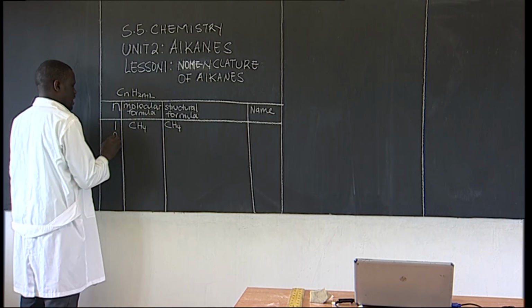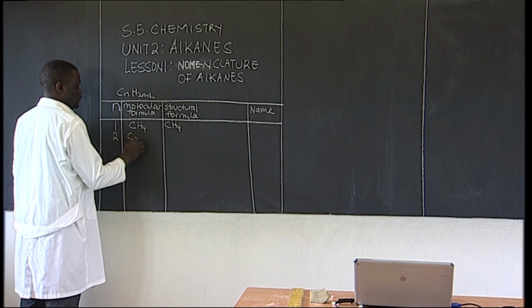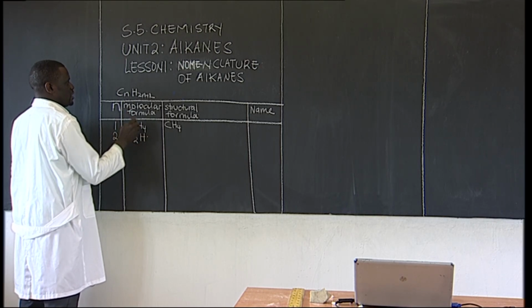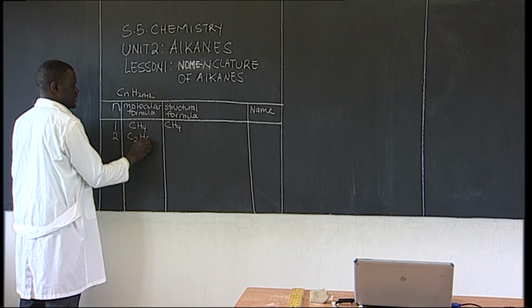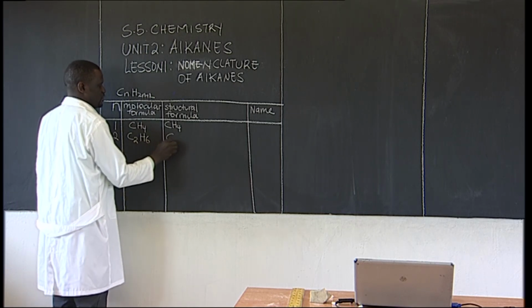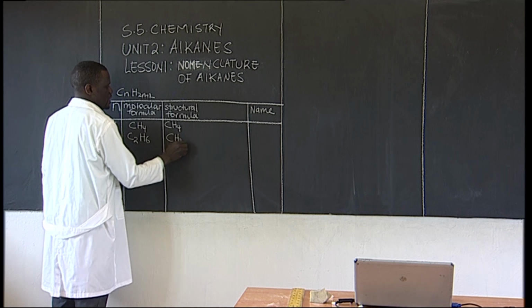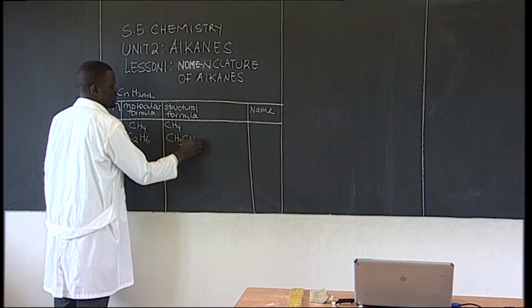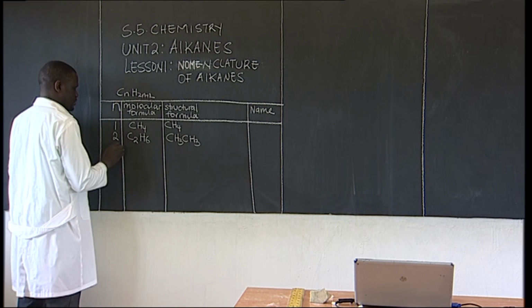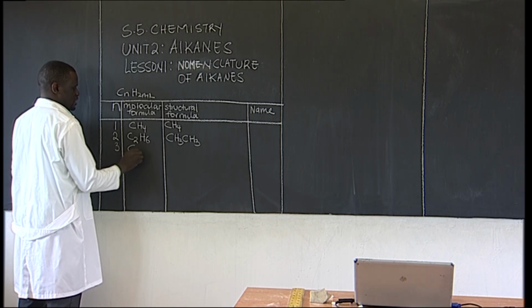Then number 2, we shall have C2H, 2 times 2 plus 2 will be 6. So we shall have CH3, CH3.